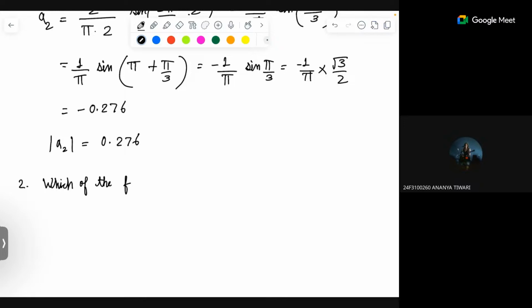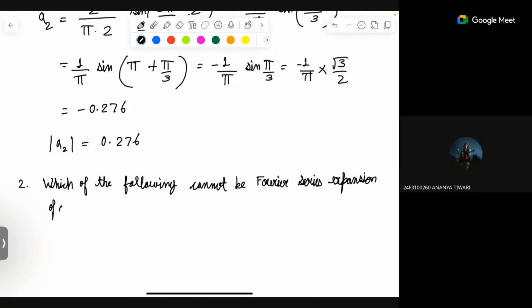Which of the following cannot be a Fourier series expansion of a signal? You have 4 options.